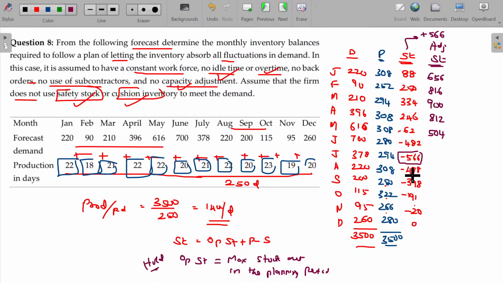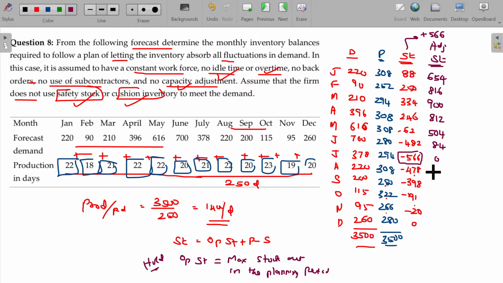Then 482 minus 566, minus and plus, it becomes 0.